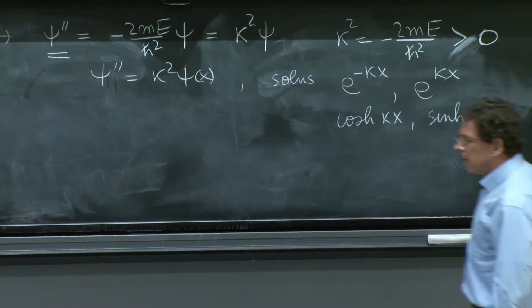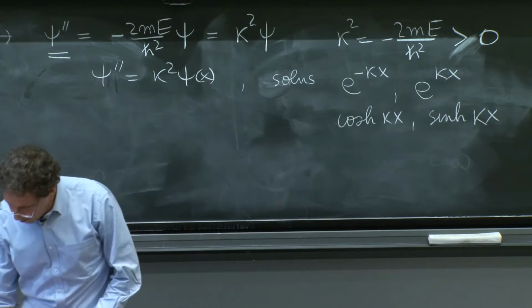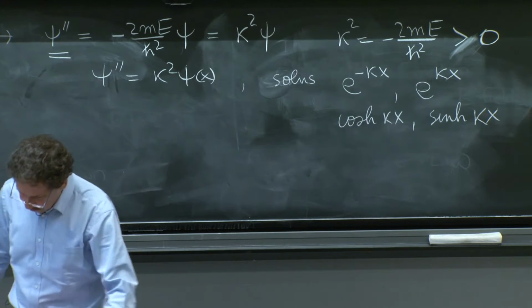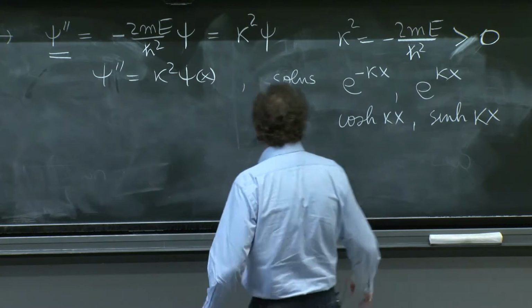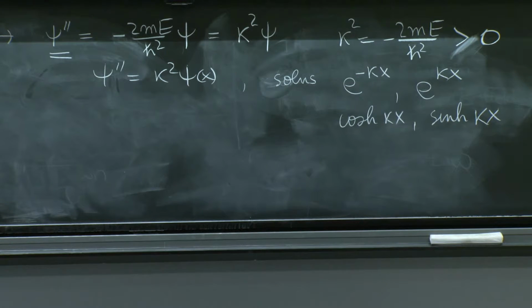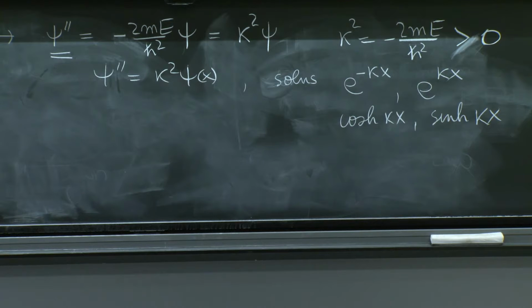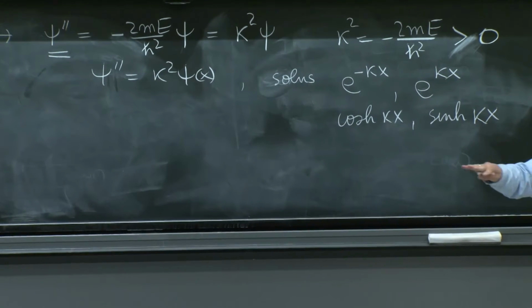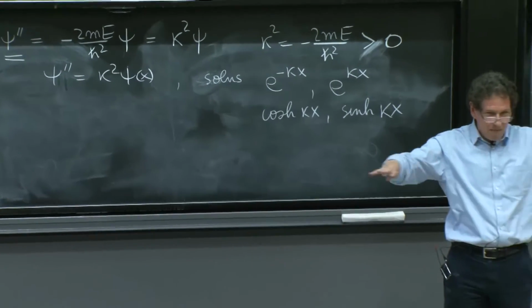But this is something we now have to use in order to produce a solution. But now let's see if I can figure out how many bound states there are. So, if there is one bound state, it's going to be even.